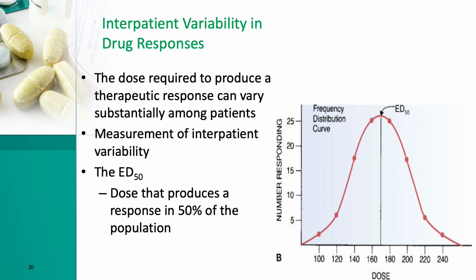The dose required to produce a therapeutic response can vary substantially among patients. The measurement of interpatient variability produces a bell curve. The ED50 is the dose that produces a response in 50% of the population.